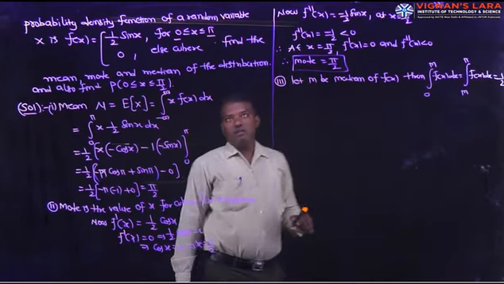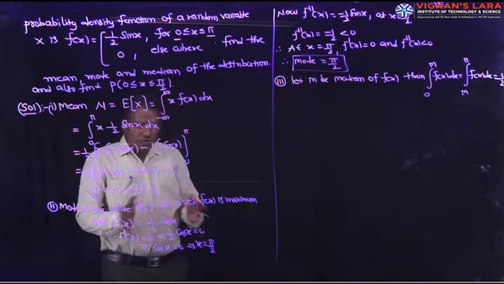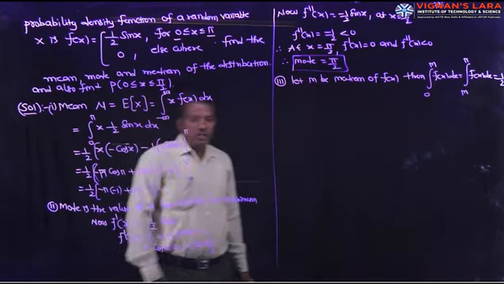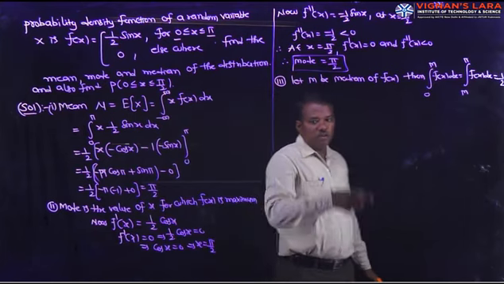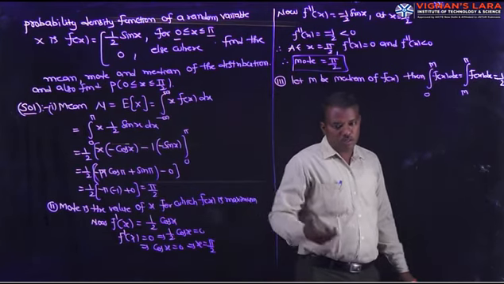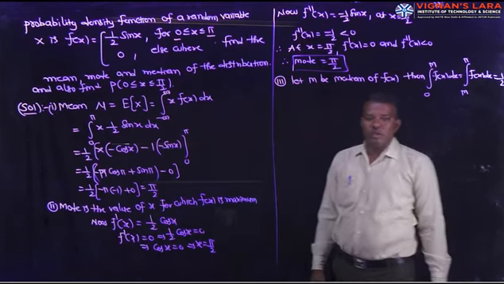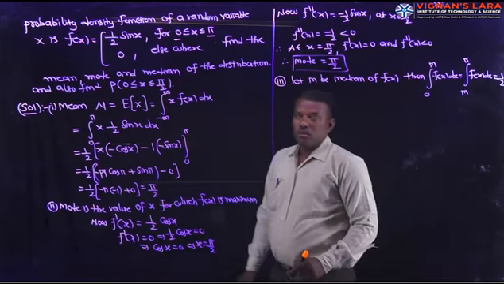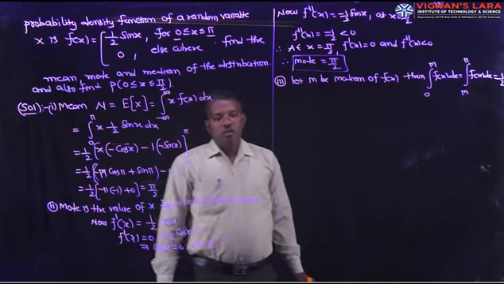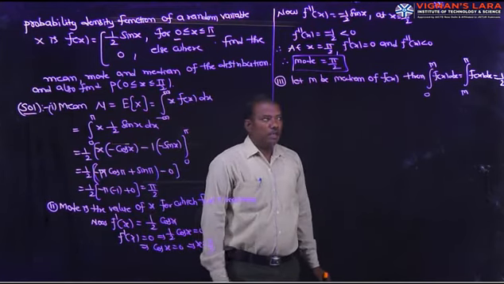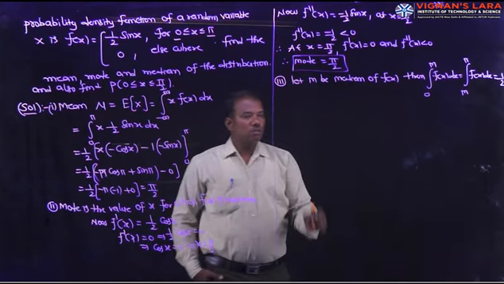Here the interval is 0 to pi. We divide the total interval into two equal parts, 0 to M and M to pi, both equal to 1 by 2. Then M is called the median.